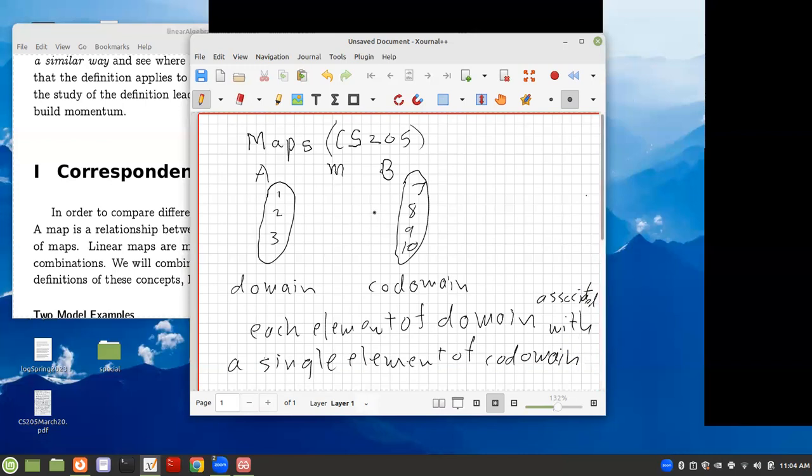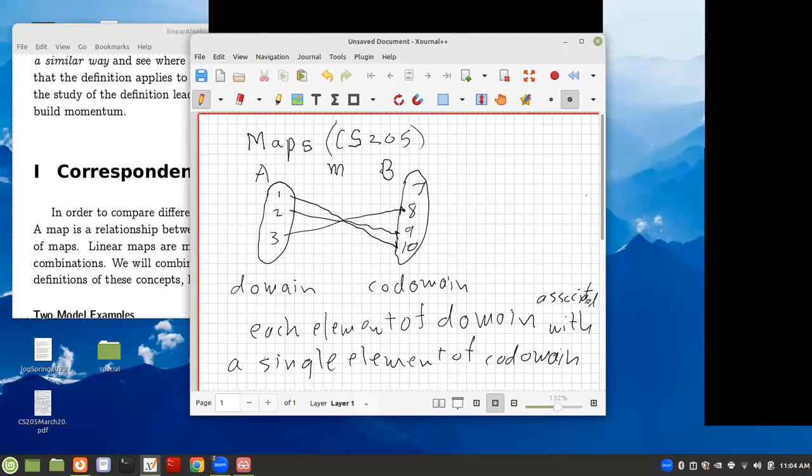One picture of this is an arrow diagram. To be a well-defined map, each element here has to have an arrow coming out of it. That means you have to associate some element in B. Every element of A has to be associated with some element in B, but exactly one element.